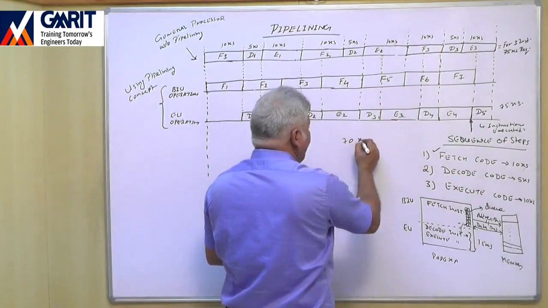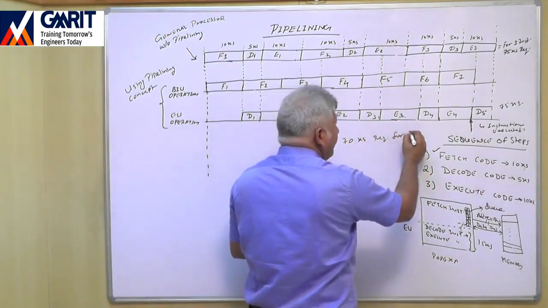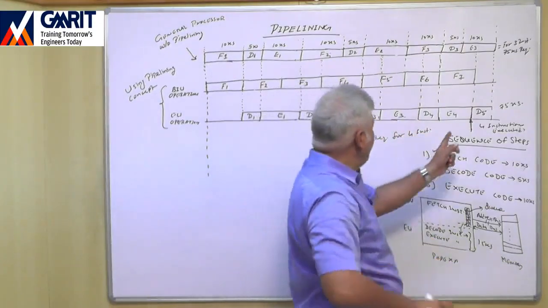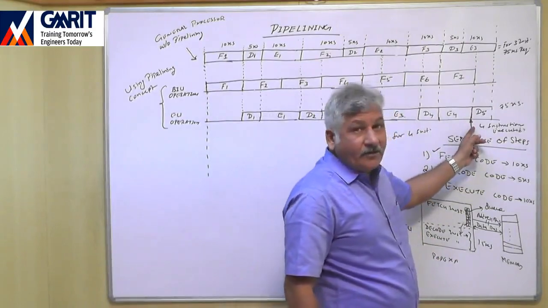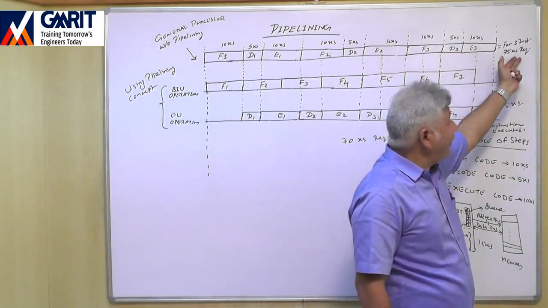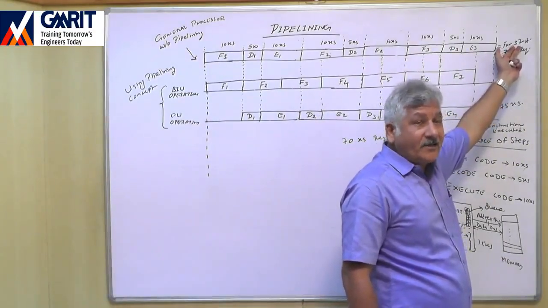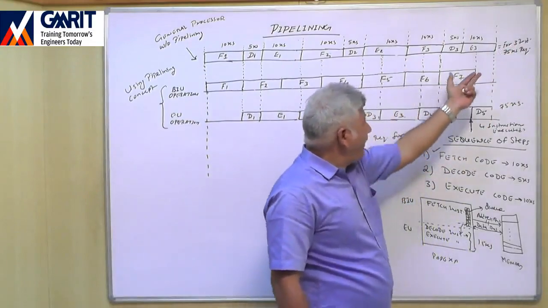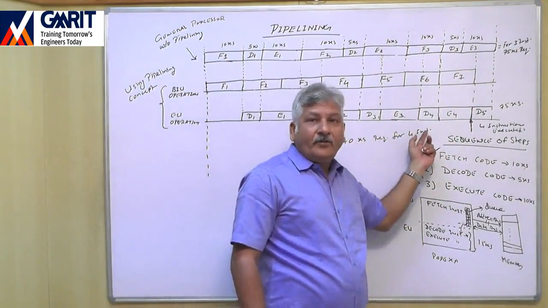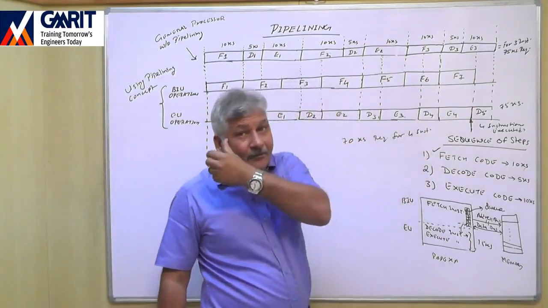So 70 microseconds are required for the execution of 4 instructions. If there is no pipeline concept, 75 microseconds were required for the execution of 3 instructions, whereas in 70 microseconds we executed 4 instructions, right? So here we have saved the time.